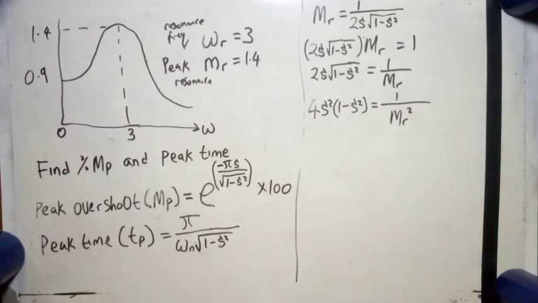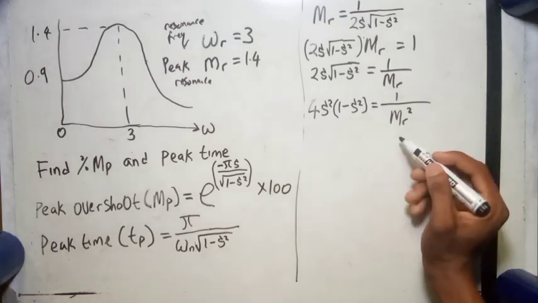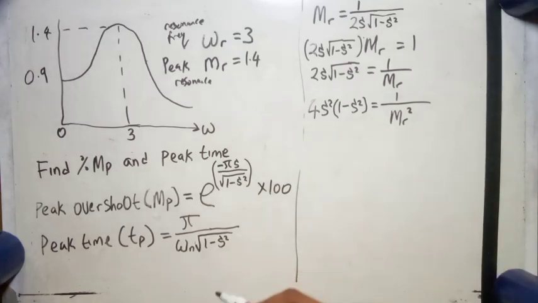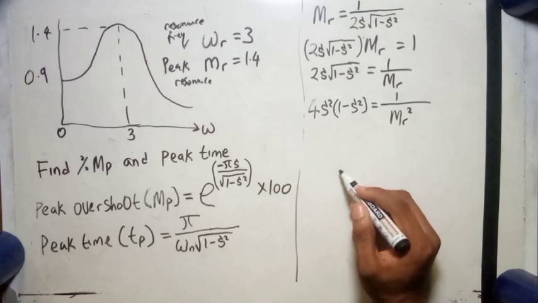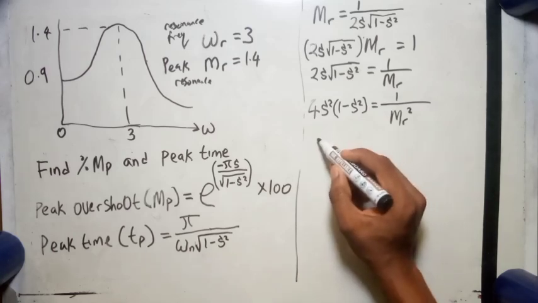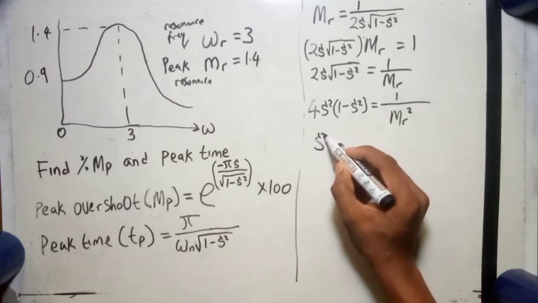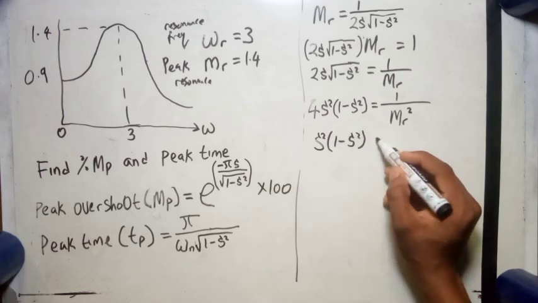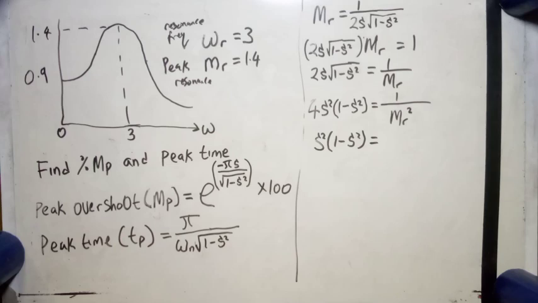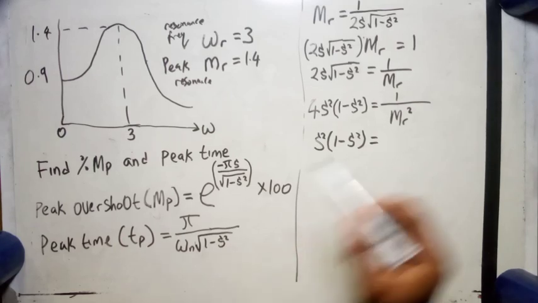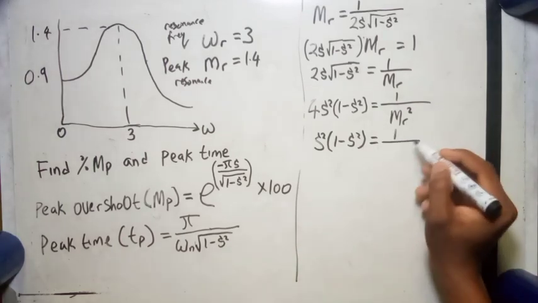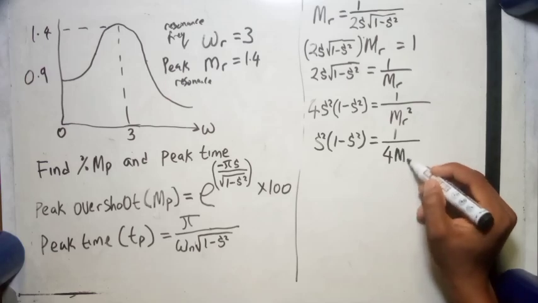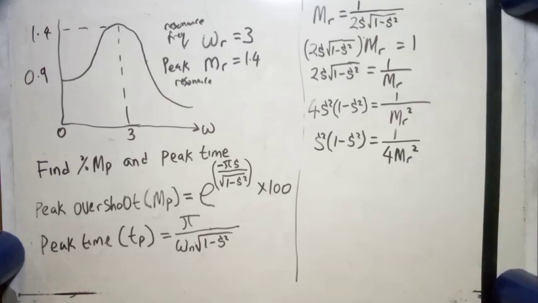Let's also say zeta square times 1 minus zeta square is equal to 1 over 4 Mr square.